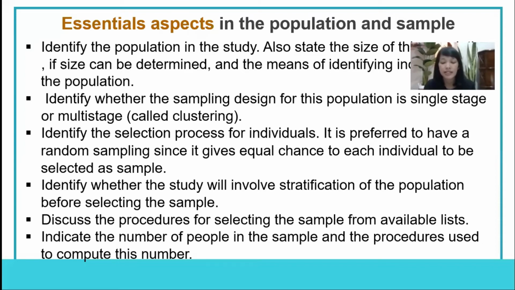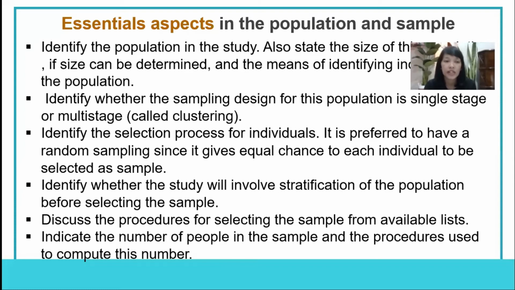A single-stage sampling procedure is one in which the researcher has access to names in the population and can sample the people directly. Meanwhile, in the multi-stage or clustering procedure, the researcher first identifies clusters, then obtains the names of the individuals within those clusters, and then samples from them.